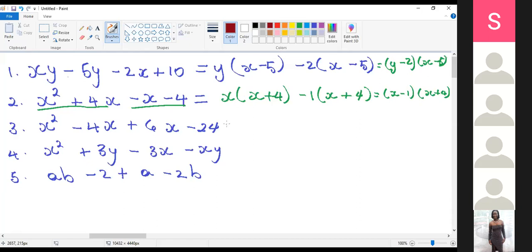All right. Number 3. Miss, you have to put them in that same manner? I didn't put them like that, but I put the x minus 5 first, and you put the y minus 2 first.